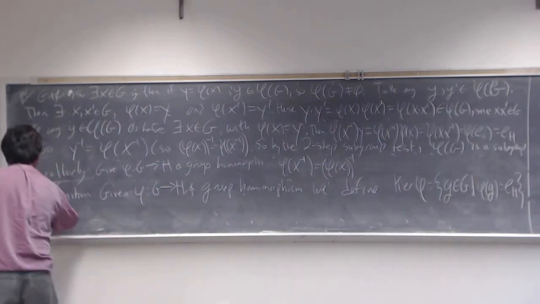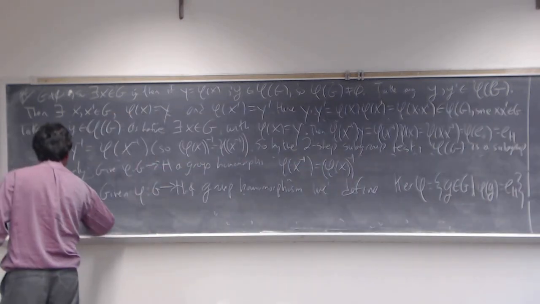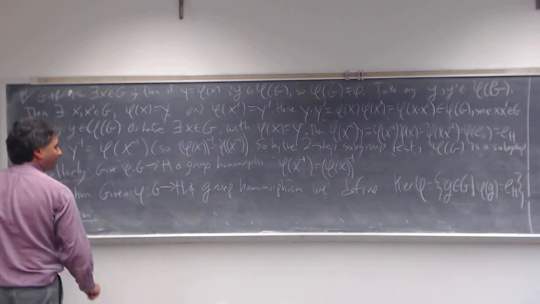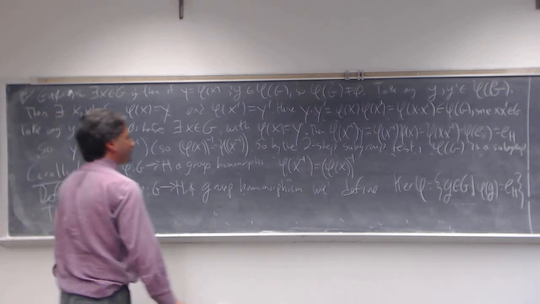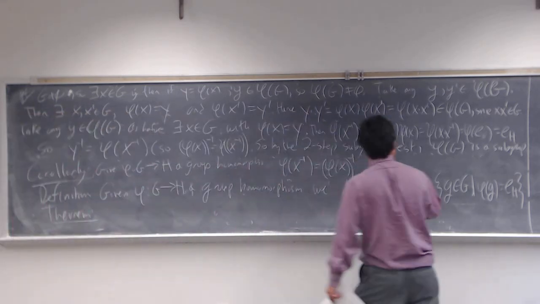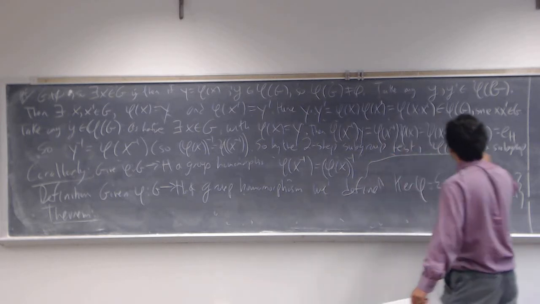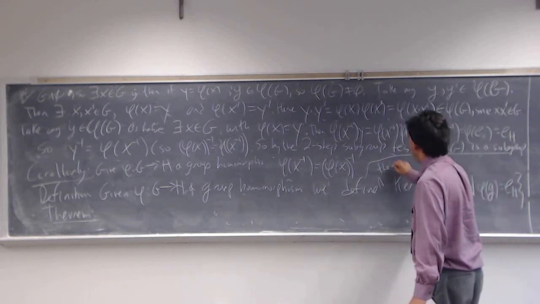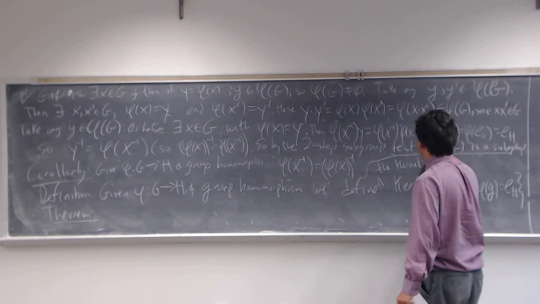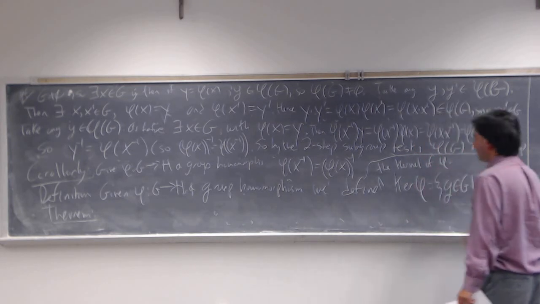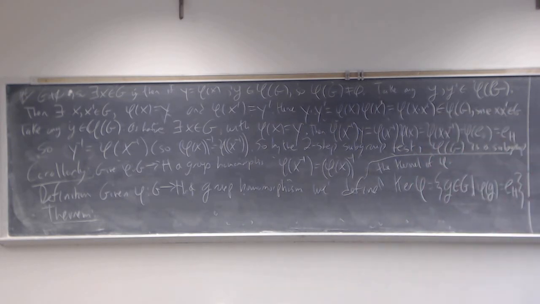So this is called the kernel, the kernel of the mapping. And it's abbreviated by ker of phi.